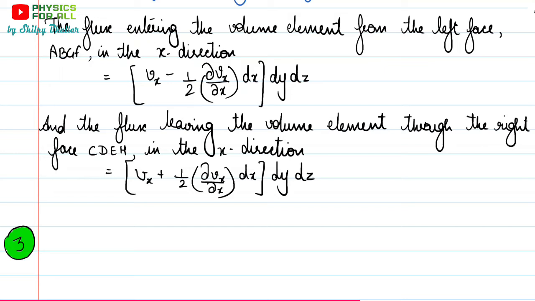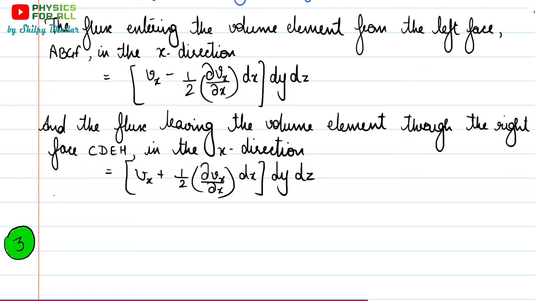So even if we know how much flux is entering and how much flux is leaving, that really doesn't matter. What is of more concern is the difference. Is there any change happening or not? We are always concerned with the change. For that, we have to find the change.